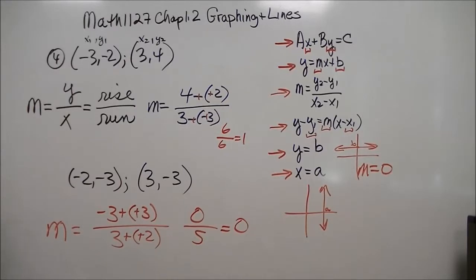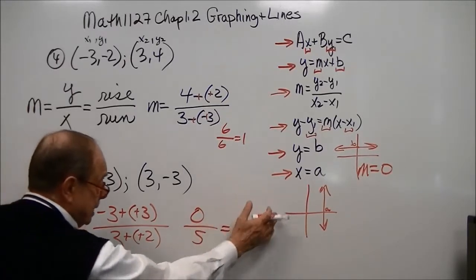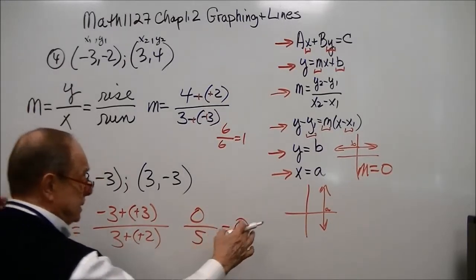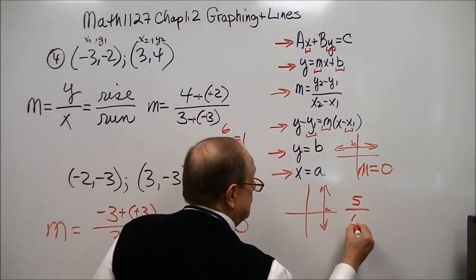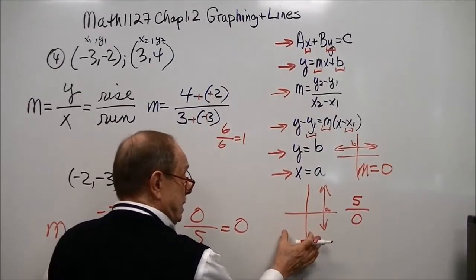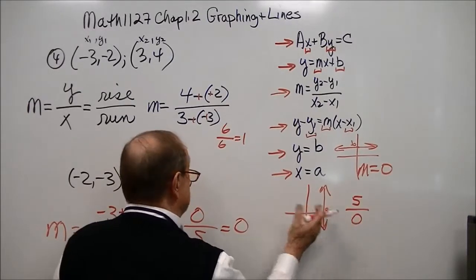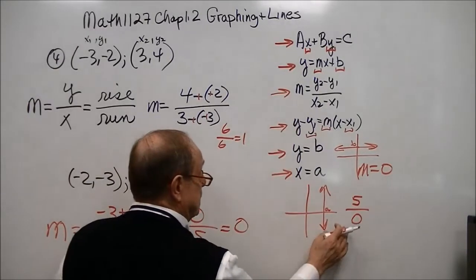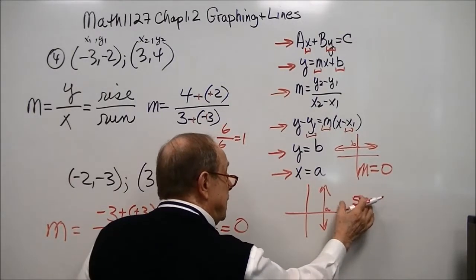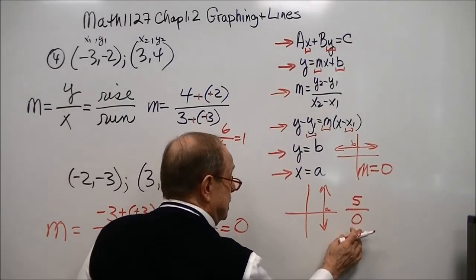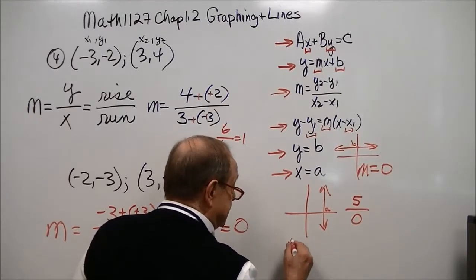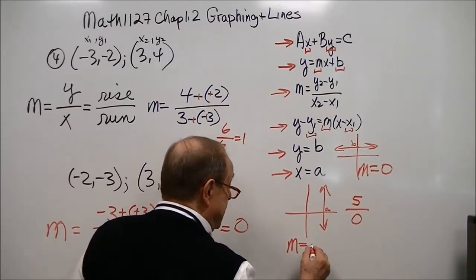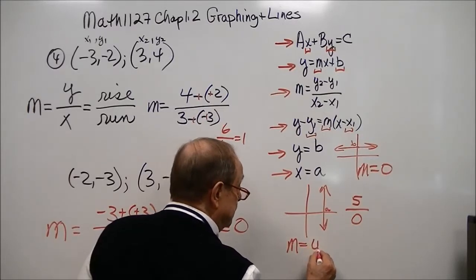Now, if we did one like this, it would come out to be something like 5 over 0. If we ever had that happen when we use this formula, when we divide a number other than 0 by a 0, the answer is the slope, and write this down, is undefined.